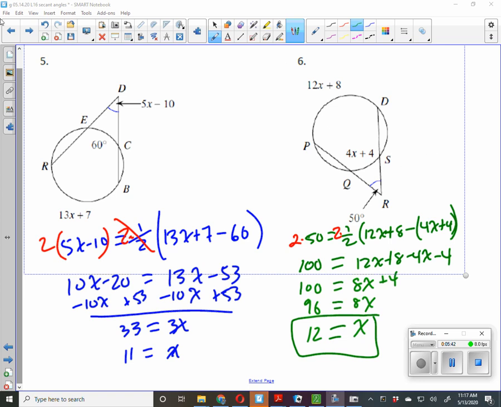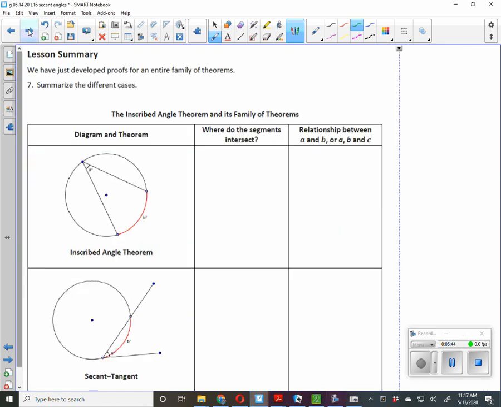In summary, we're looking at several things. We're looking for patterns. If you remember the last couple of lessons, we've got a diagram with a theorem, and this says where does the segment intersect?